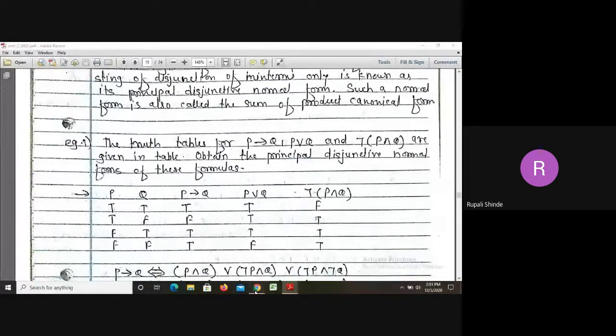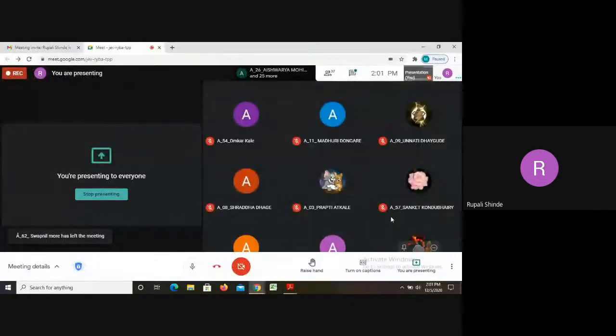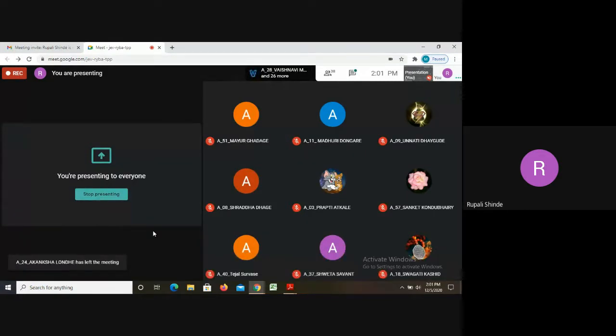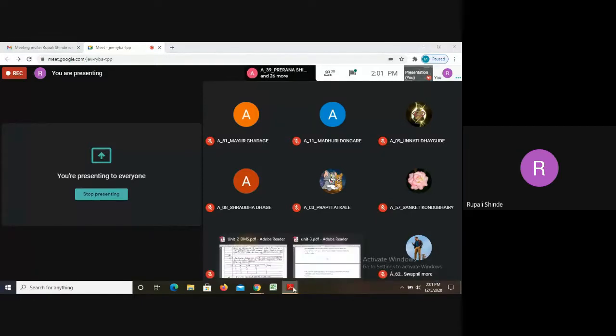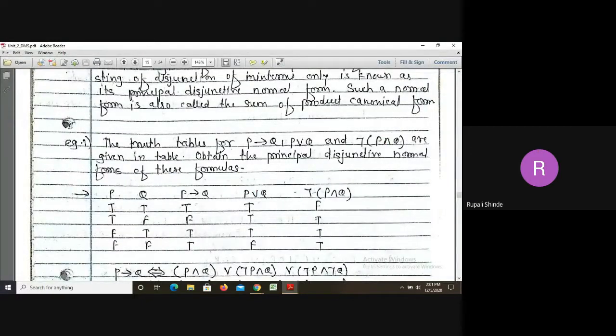Otherwise, I will select a roll number and that roll number has to explain. Yes. Who will explain this? And don't leave the meeting. Just tell me how we can obtain PDNF for these remaining two formulas. The truth table is there before you. Just consider where we have written T, and for that respective T you have to form minterms.